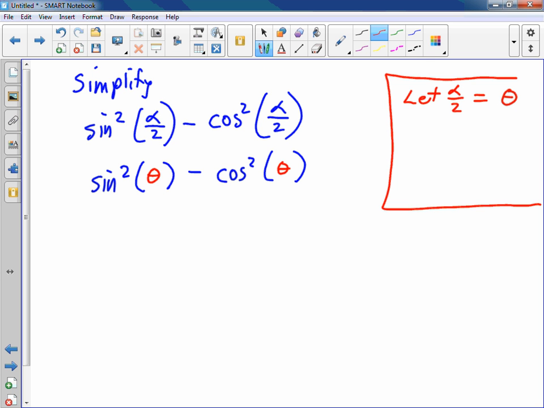And we can say that this is the opposite of cosine squared theta minus sine squared theta. I said alpha, theta, my bad.